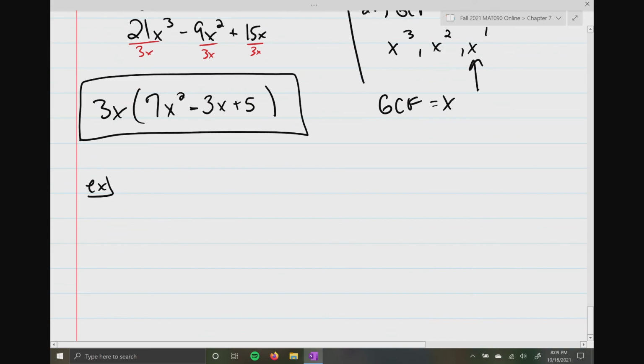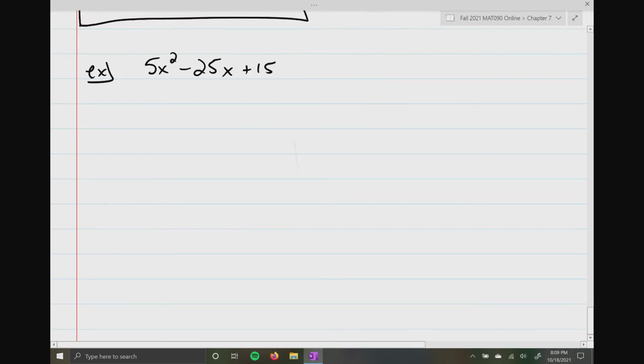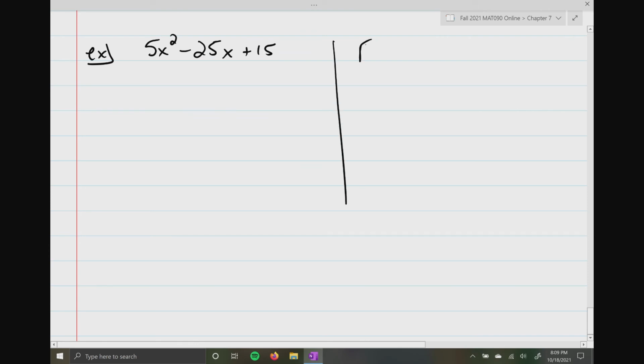Here's an example. We're going to factor 5x to the second minus 25x plus 15. So once again, we're going to do the GCF for the coefficients.